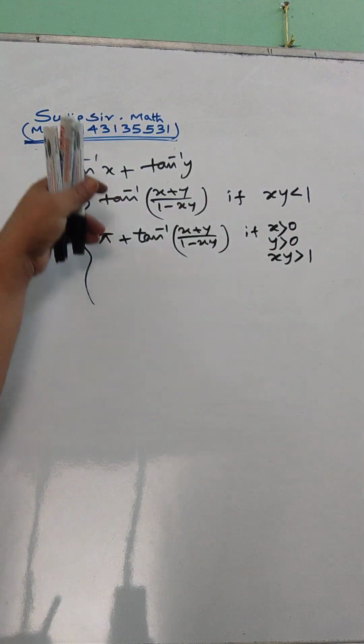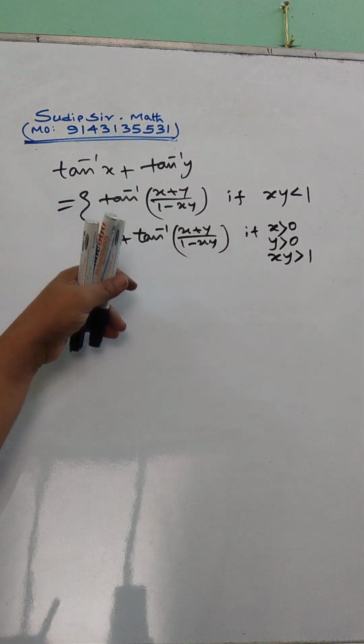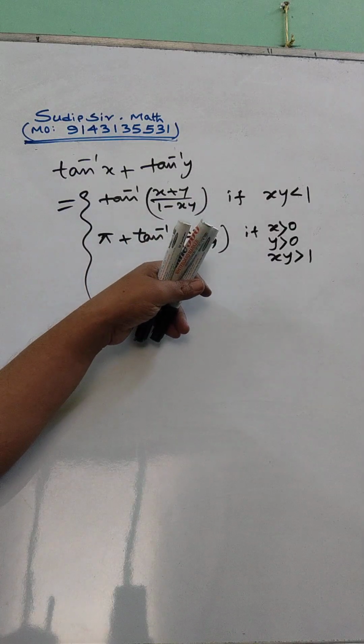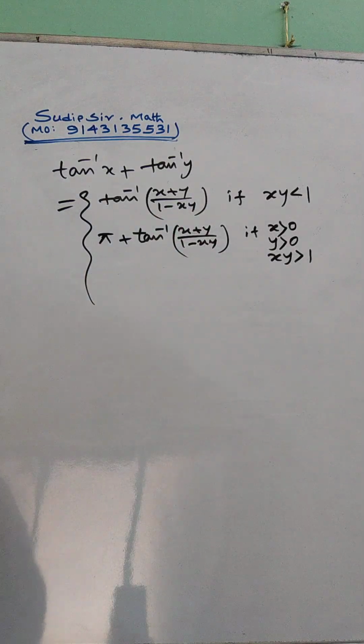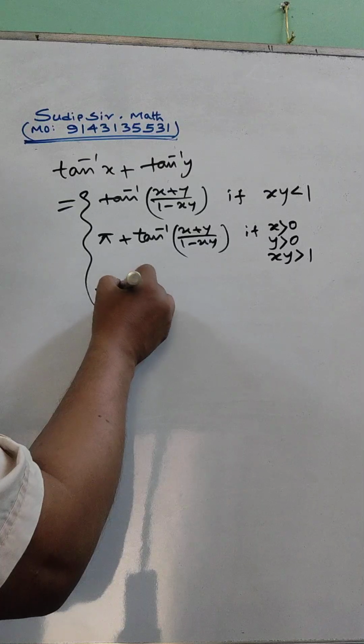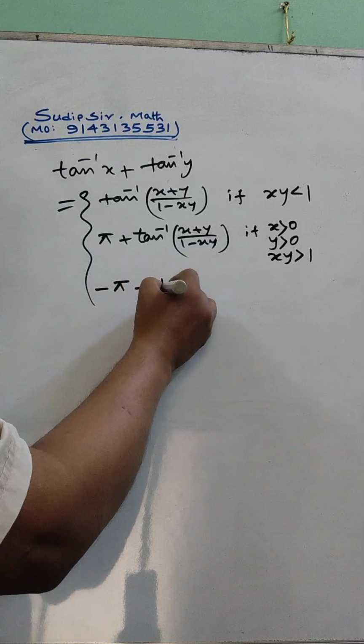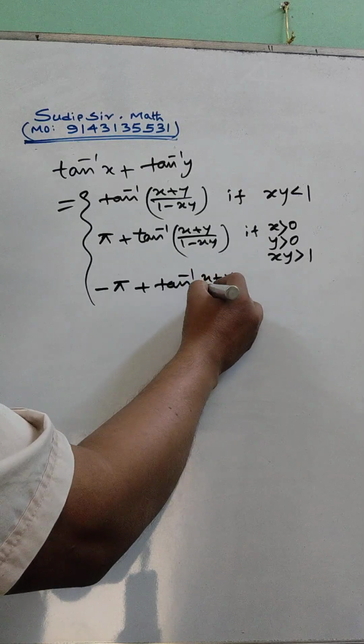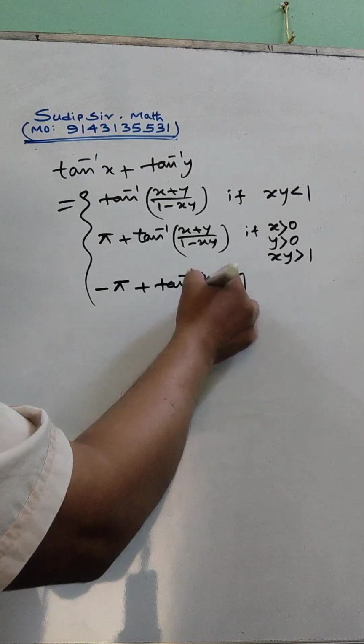Then only tan inverse x plus tan inverse y equals pi plus tan inverse of (x plus y) by (1 minus xy).